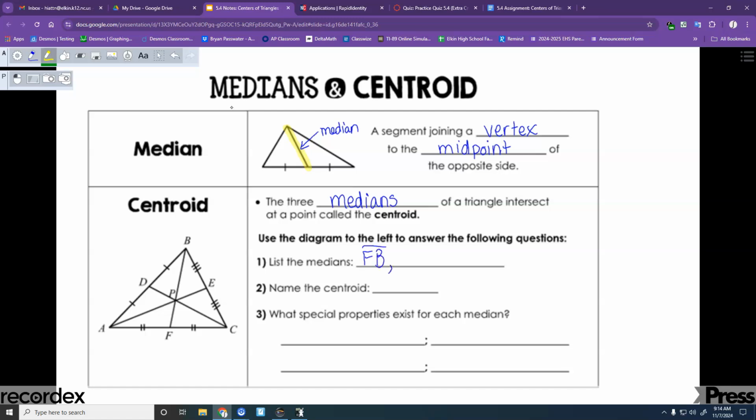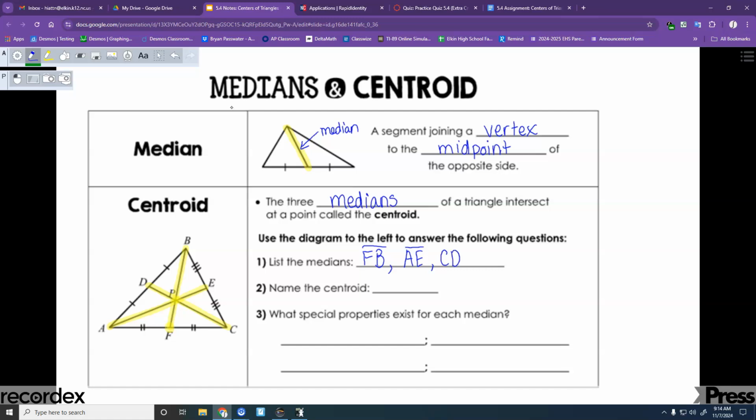Okay, so that would be from here, the midpoint, over to the opposite vertex there. That's good. AE, very good. That's another one. And CD is the last one. Those are our medians. Very good.